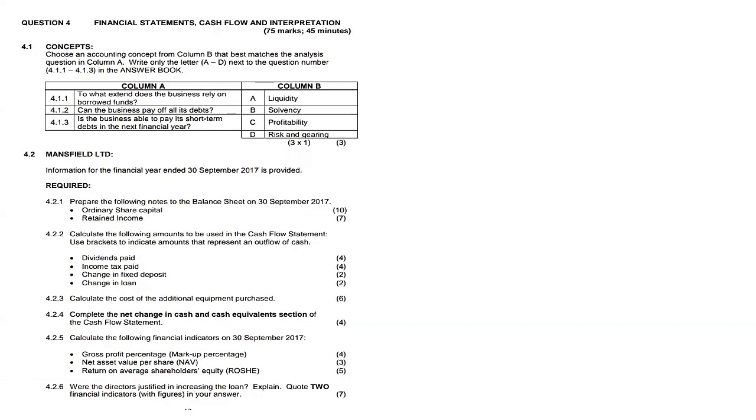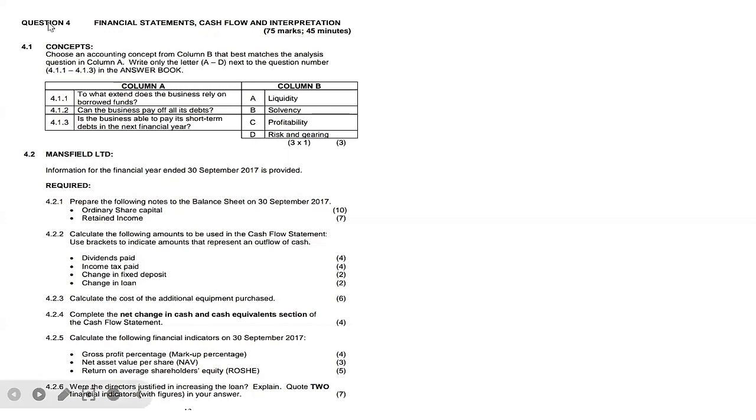When you receive money or you have the bank overdraft, those two will be regarded as an inflow. Therefore, you need to calculate your dividends paid first. Also, you calculate your income tax paid, change in fixed deposit, and then change in your loan.